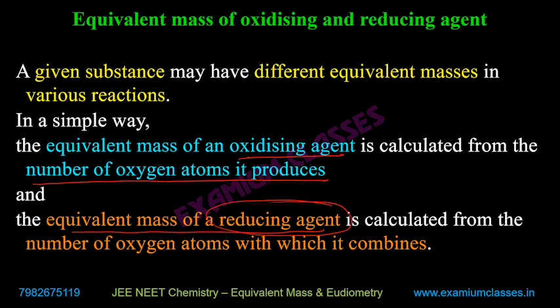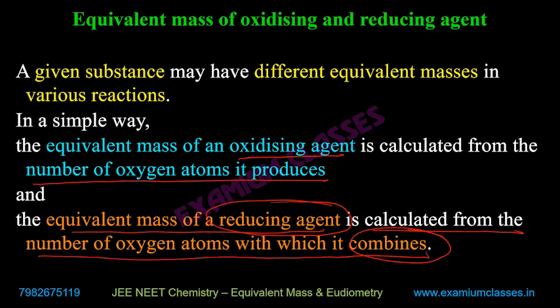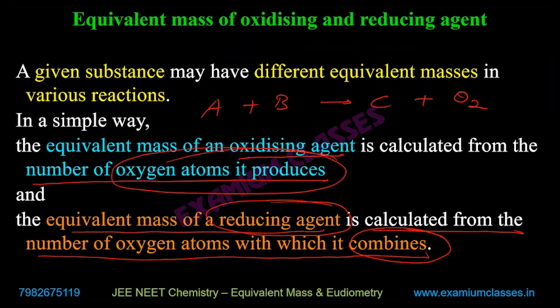Oxidizing agent gets reduced, reducing agent gets oxidized. So the equivalent mass of a reducing agent is calculated from the number of oxygen atoms with which it combines. It means if the reaction is something like A plus B gives C plus O2, oxygen atoms being produced means we are talking in terms of an oxidizing agent.